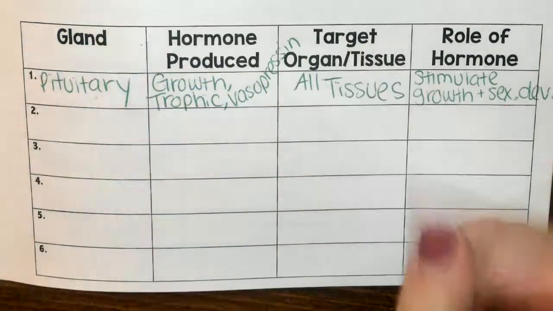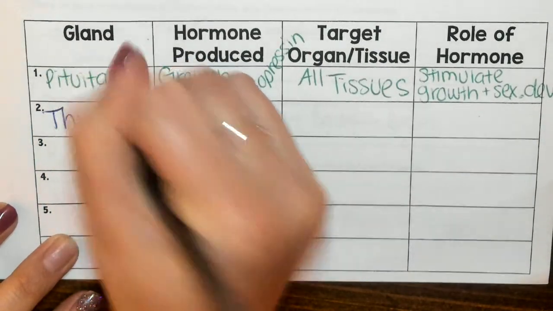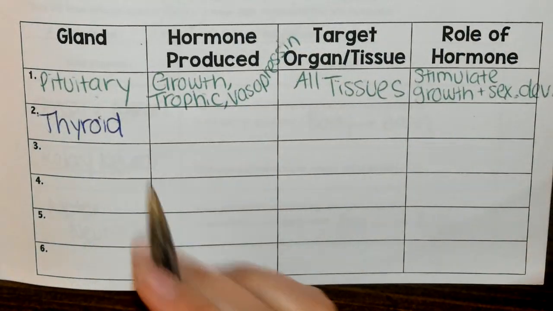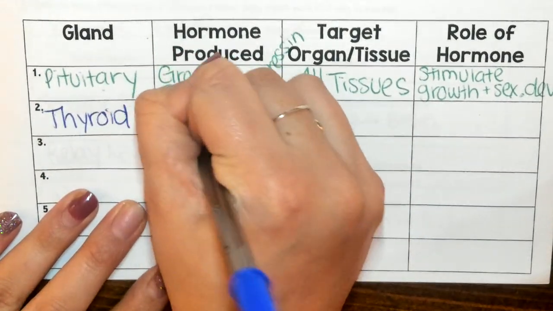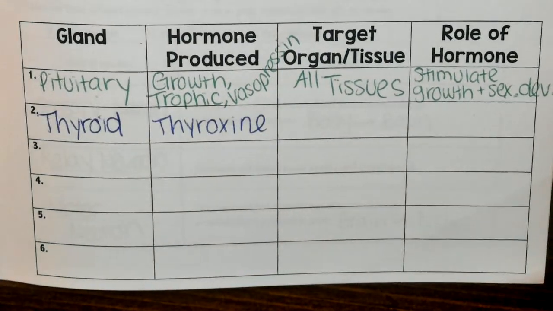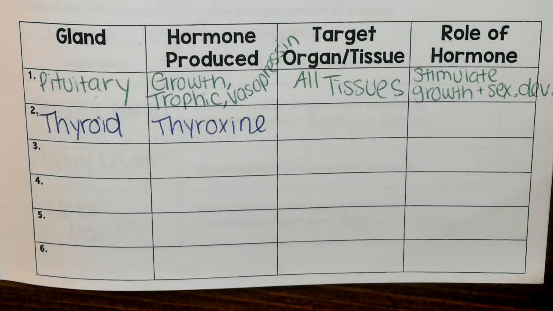The next gland is the thyroid. I'm going to use that dark royal blue since I used that in my diagram. The thyroid produces one main hormone called thyroxine. The thyroid sends thyroxine to most tissues.